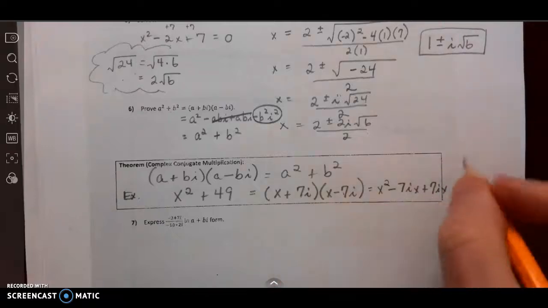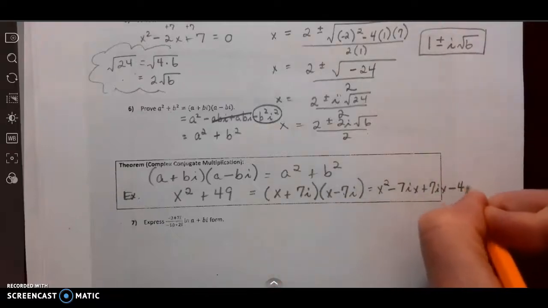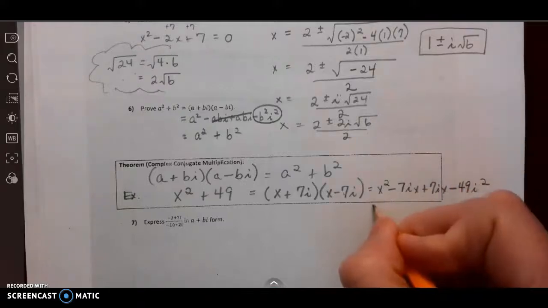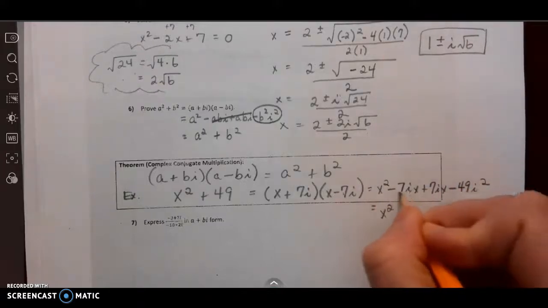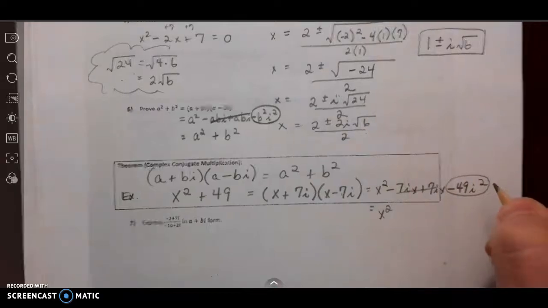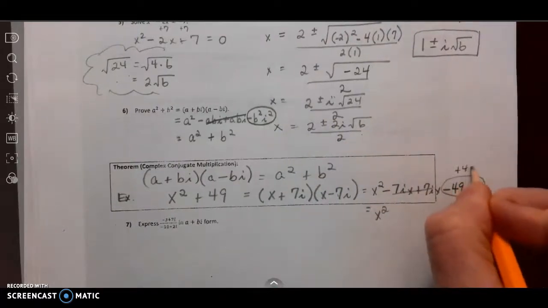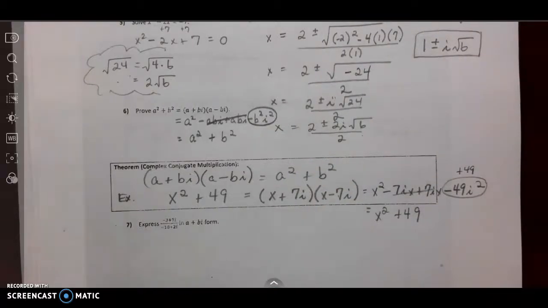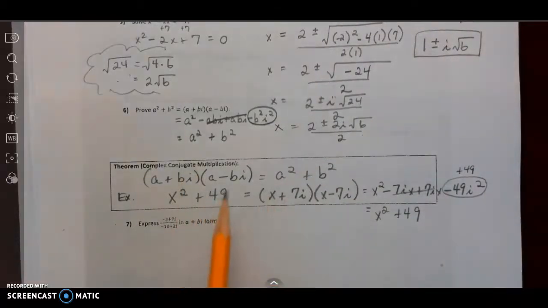They'll cancel one another, and then negative 49i squared, which leaves us with negative 49 times negative 1, which is positive 49. So we actually have a way to factor a sum of perfect squares if we're able to use imaginary numbers.